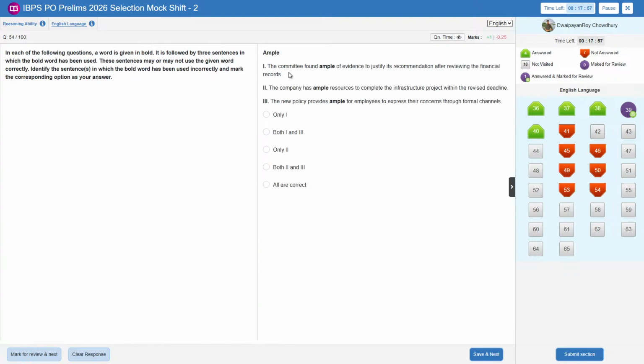Ample means enough. The committee found ample of evidence. Is there any scope for grammatical error? Okay. Found ample of evidence. The company has ample resources.